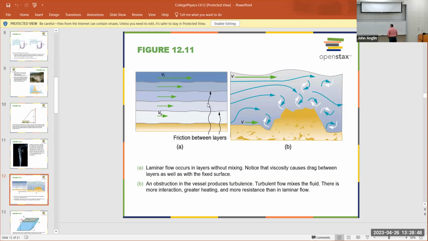Things that can affect viscosity, obviously, since viscosity is a function of density, density is affected greatly by temperature. Because density is a function of volume, volume is a function of temperature. So as the temperature decreases, things get closer together, right?